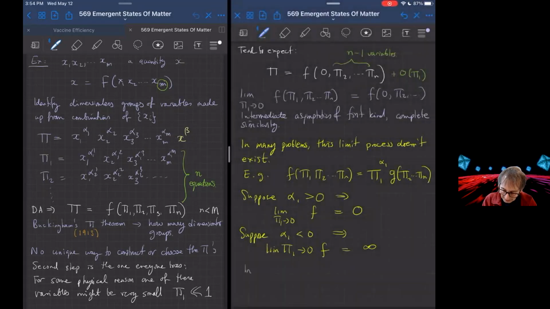So those limiting processes don't exist, and so the best that one can say is that in asymptopia, in the asymptotic limit as pi1 goes to 0, f goes like pi1 to this power alpha 1 times some new function like that, and one simply can't set pi1 equal to 0.